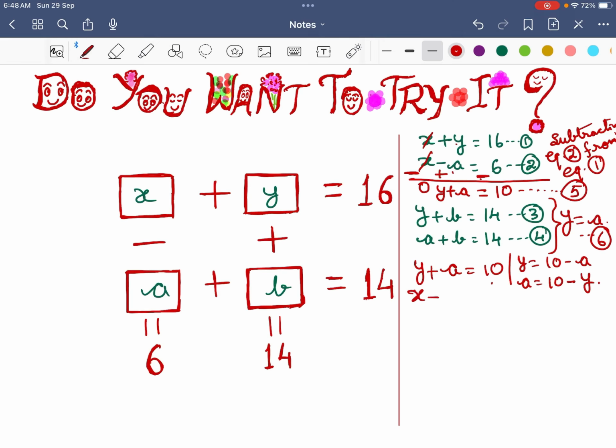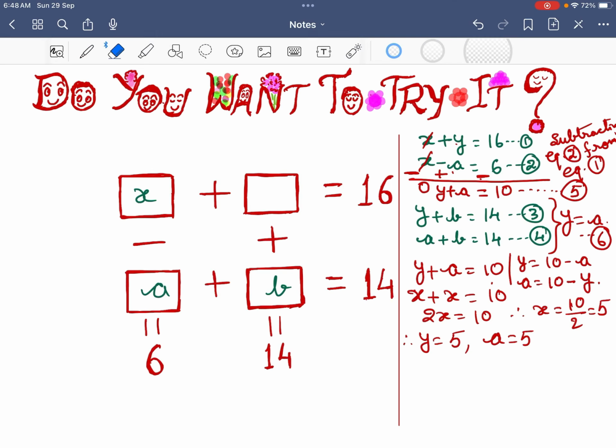So if we consider this as y plus y is equal to 10, then what happens? 2y is equal to 10. Therefore, y is equal to 10 by 2, that is equal to 5. Therefore, y is equal to 5 and a is also equal to 5. Now our puzzle is solved.